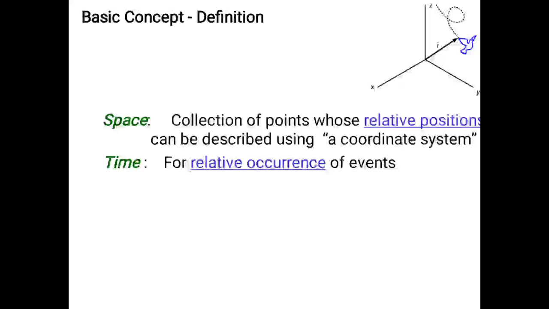So basic concepts, let's see about space. Space is the collection of points whose relative positions can be described using a coordinate system. A coordinate system means we can mention x, y and z. So three directions are used in graphs.